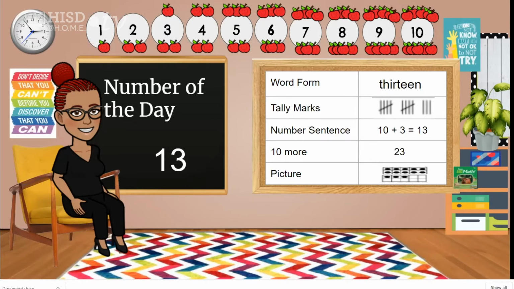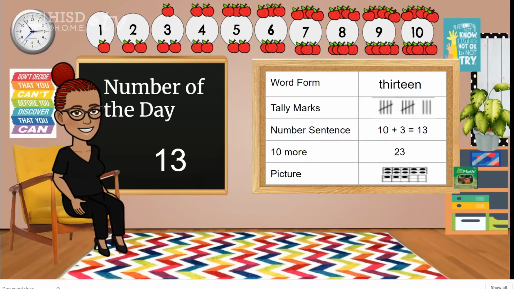I also made a number sentence to show 13, and I wrote 10 plus 3 equals 13. That is also the same way that I could show expanded form. Did you put that on your paper? Then I showed 10 more.